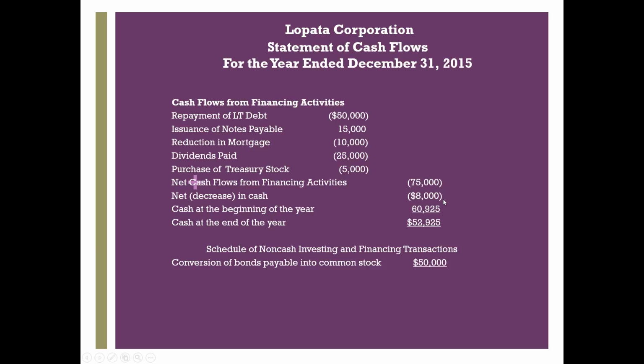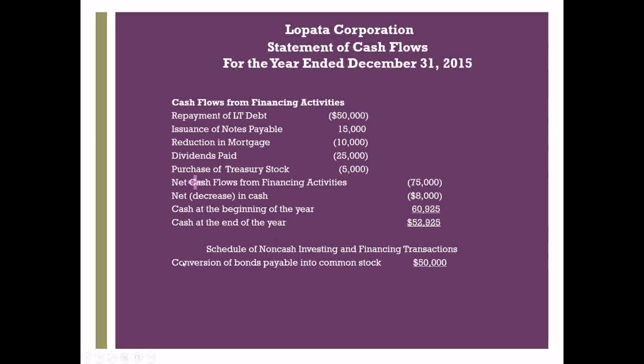So if you take the net effect of that net decrease in cash, you should be able to look at your comparative balance sheet, and your cash compared from 2014 to 2015 should say an $8,000 decrease, and it does. So then you just put your cash at the beginning of the year, take the difference of the $8,000, that puts you at $52,950. That should be the cash at the end of the year, and we look on our balance sheet, and that's exactly what it says. $52,925 was your ending balance in 2015.